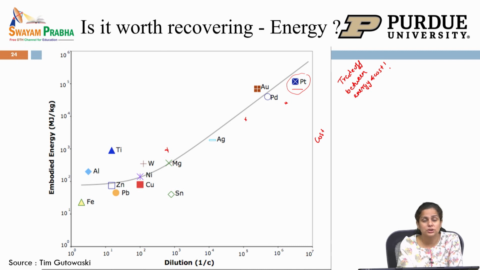If the energy cost is really high, of course, you will be going for the one that has higher embodied energy. The challenge with our today's society is that energy has become very cheap and we are wasting energy to get a lot of products and then wasting it without thinking about the impact on ultimate energy resource restriction that we may face.